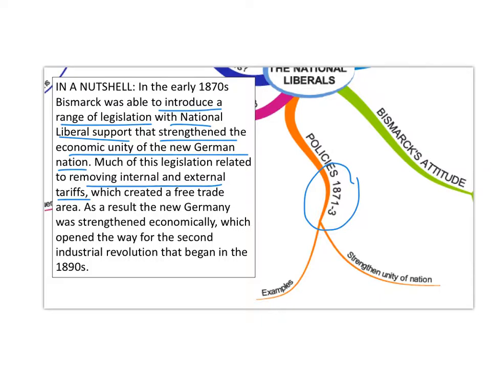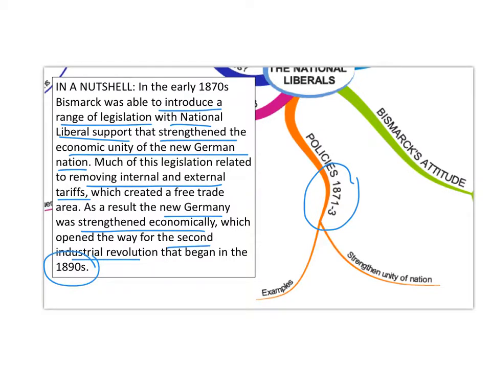So it was a success. This is what Germany needed at the time. It needed a bigger, wider market without taxes, so that businessmen could trade their goods more widely. And as a result, the new Germany was strengthened economically. And we can now, as historians, see that the laws that Bismarck was able to pass with National Liberal support prepared the way for the second industrial revolution that began in the 1890s, and we covered that in a previous lesson.